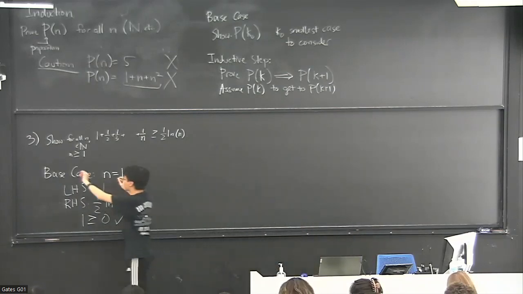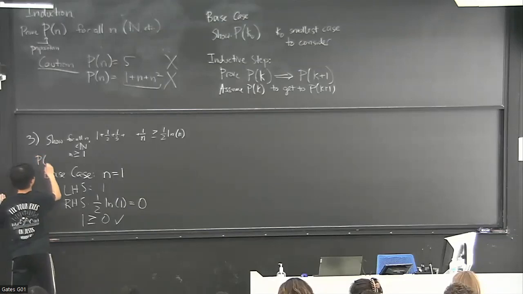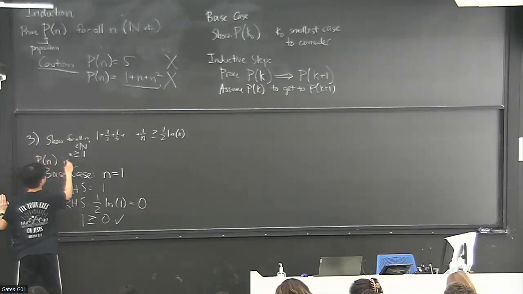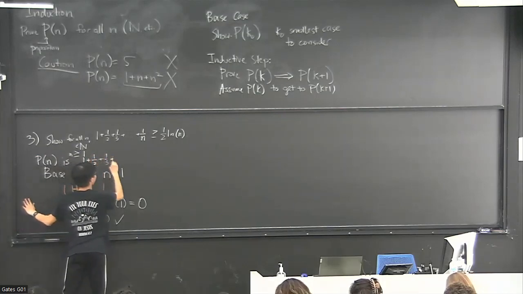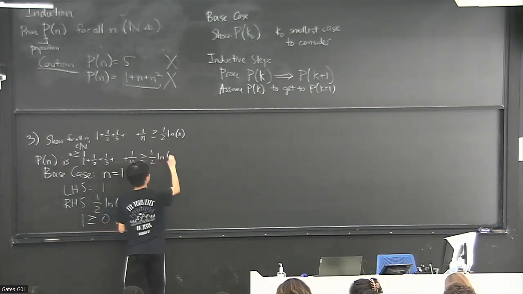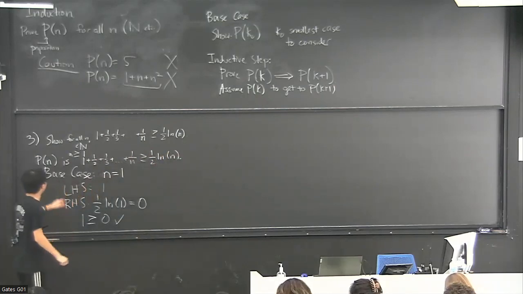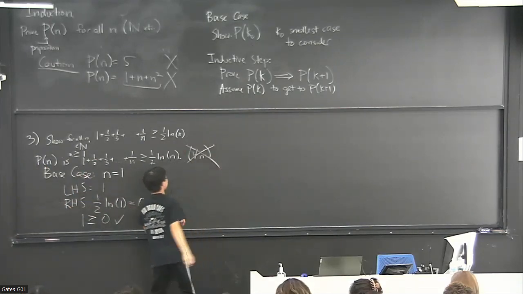I'm sorry. So even before the base case, one good idea is to write out that proposition P of n. P of n here is the statement 1 plus 1/2 plus 1/3 plus 1 over n is greater than or equal to 1/2 natural log n. P of n is not the statement this is true for all n. This is not P of n.